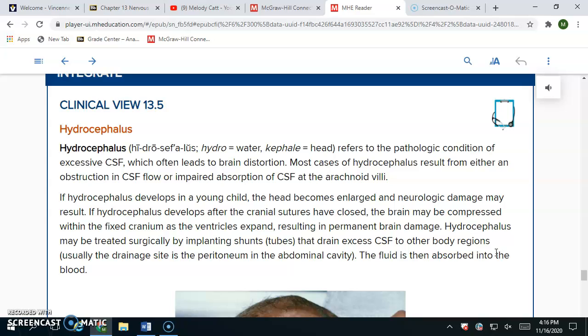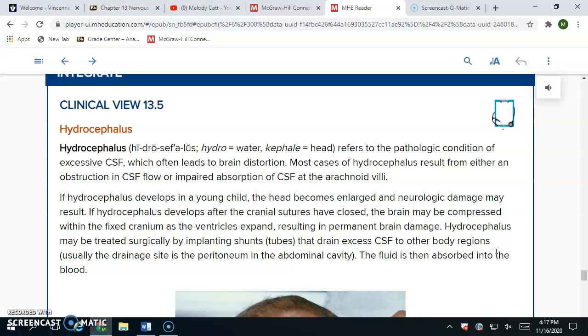So if we have this case in newborns, who still have their fontanelles, then when they get that excessive cerebrospinal fluid, it can cause movement of those skull bones because they haven't fused together yet.